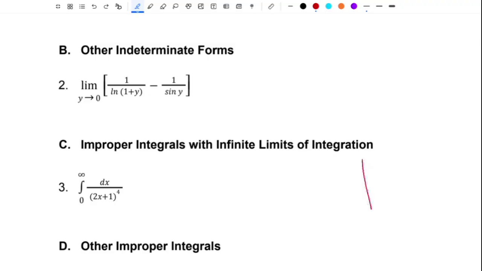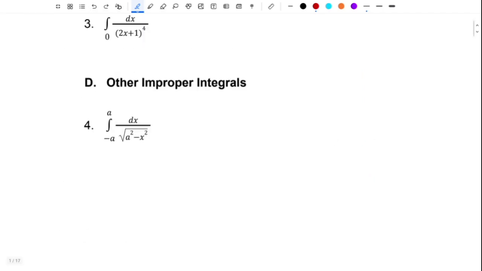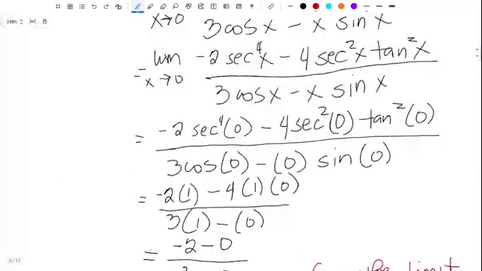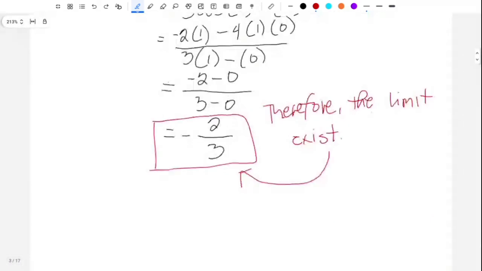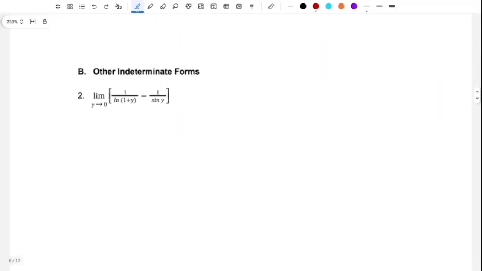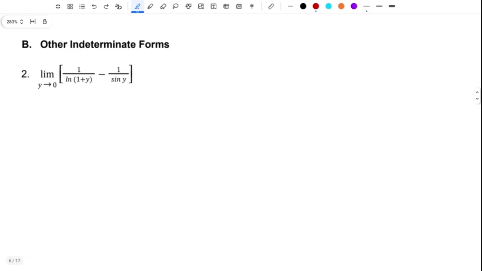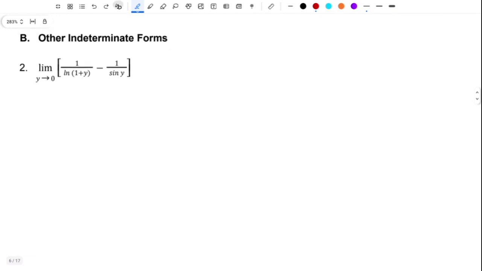Okay, let us proceed to our second item, which deals with the other indeterminate forms. Excuse me. Okay.